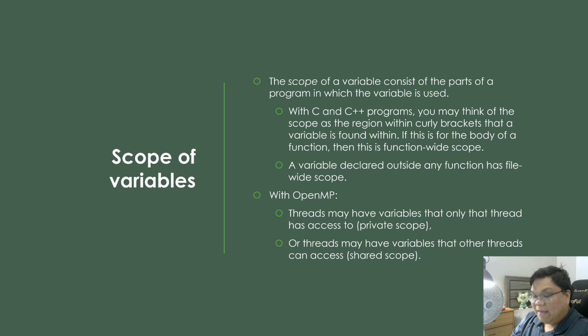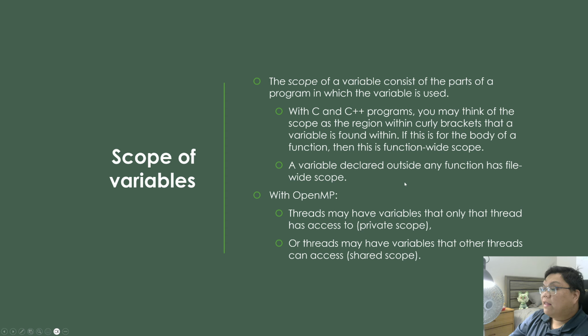It's a little bit different if you are working with, say, Python. Rather, it's the indent levels that define scope. But since we're dealing with C, or you might be working with C++ instead, either way, scope is defined by the region bounded by the curly brackets.